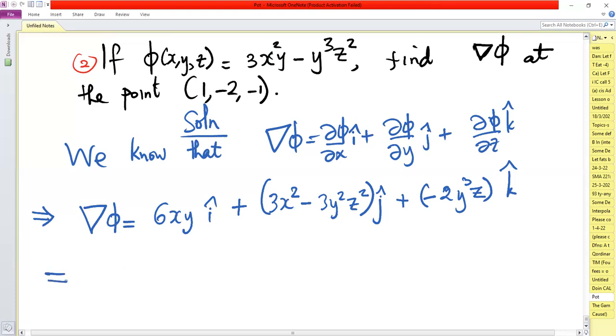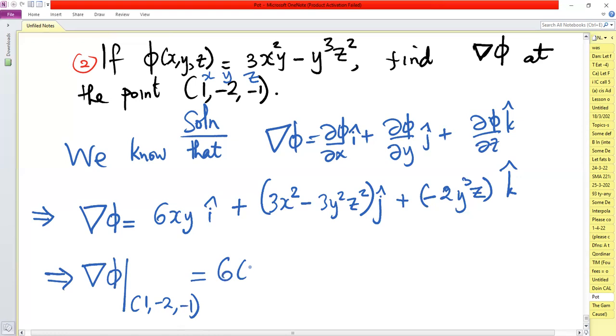So which means that the gradient of phi at the specified point 1, minus 2, minus 1 will be given by, so remember when you are given coordinates in this form, this is x value, this is y value, and this is z value. So where there's x, you replace by 1, where there's y, you replace by minus 2, where there's z, you replace by minus 1.